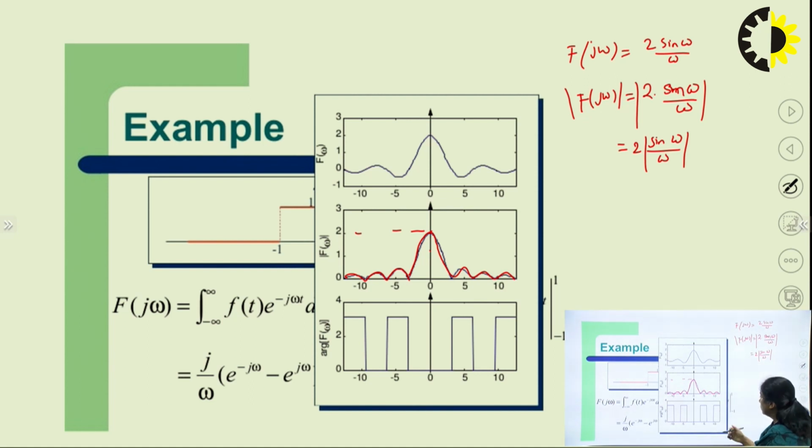So this is the continuous magnitude spectrum and this is the continuous phase spectrum. This is the way in which we draw continuous spectra using the Fourier transform.